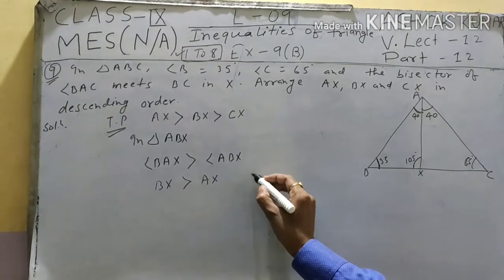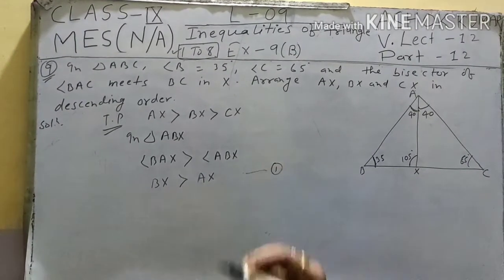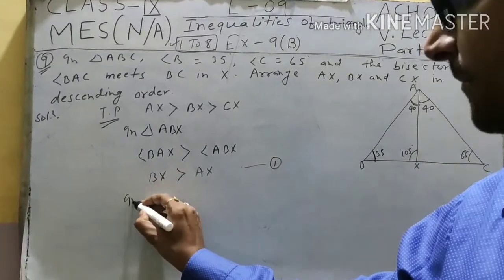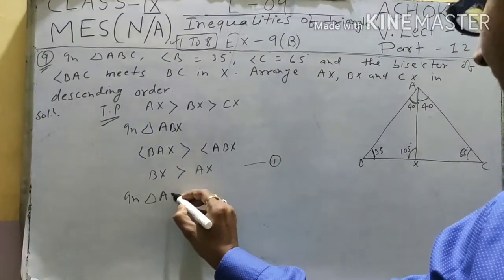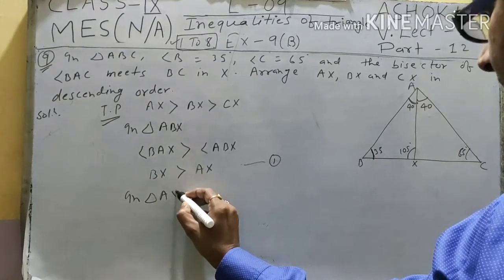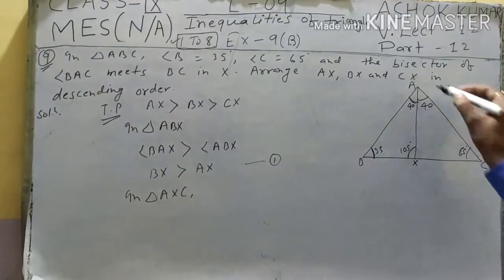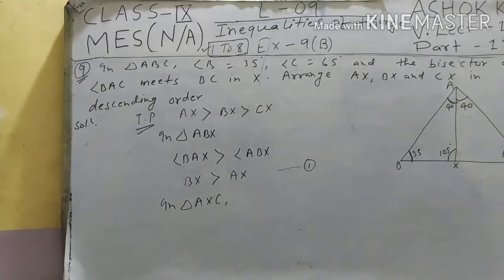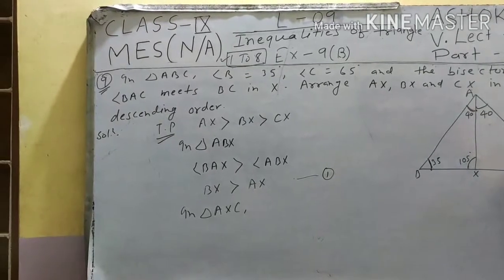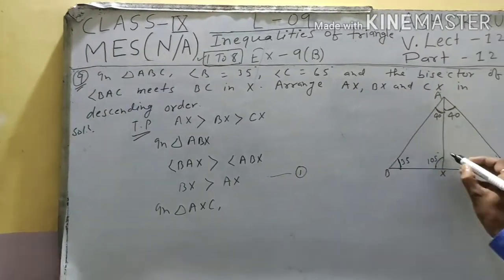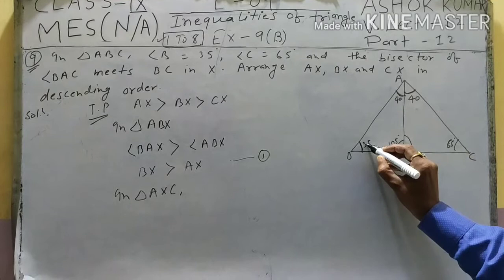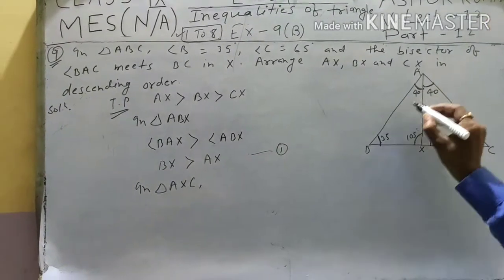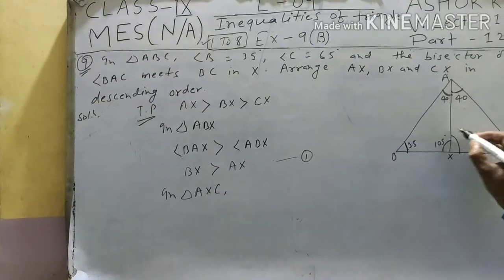This is equation first. In the second equation, in triangle AXC, this angle is 65 degrees, this angle is 40 degrees. By the exterior angle concept, this angle is 35 degrees and this angle is 40 degrees, so 40 plus 35 is 75.